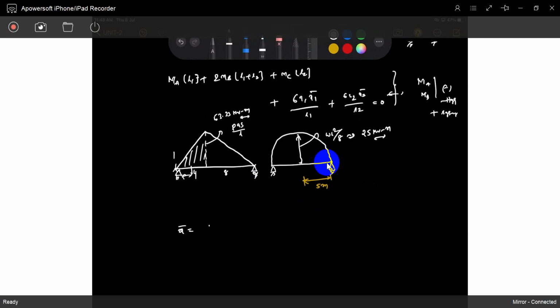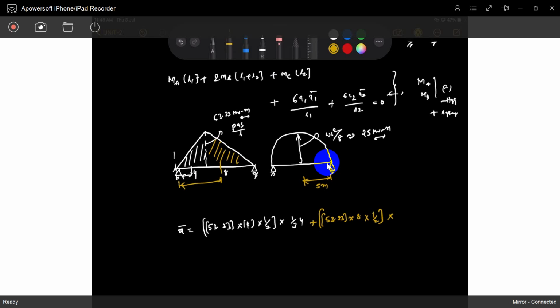So x distance is area of this first, and centroidal is this. So how can you calculate? So 53.33, multiply with 4, multiply with half. That is the area. Centroidal distance is 1/3 of 4. So next this area. What is that area? 53.33. So again 8, that is the area, and centroidal distance is this.